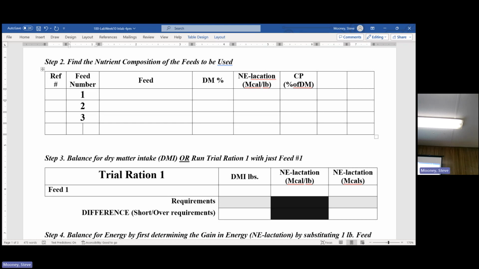We said our grains fall nicely into this category. Our last feed, feed 3, was high and high. What did we call that generically? Protein feed. Protein feeds are usually high in energy as well. Everybody with me?